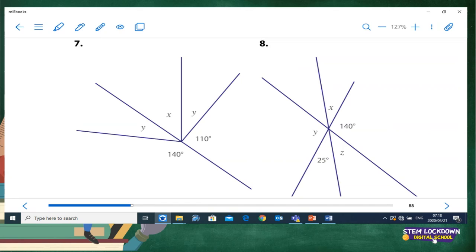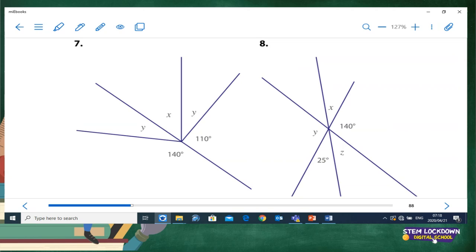This tells us that the last angle there, which is x, will be 30 degrees because these three angles are angles on a straight line. The sum of the angles on a straight line is 180 degrees. That is why the value of x there will be 30 degrees.